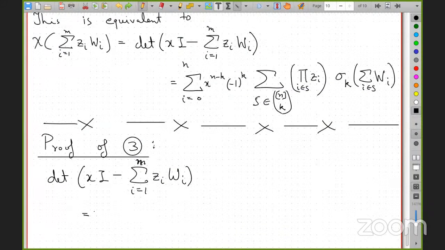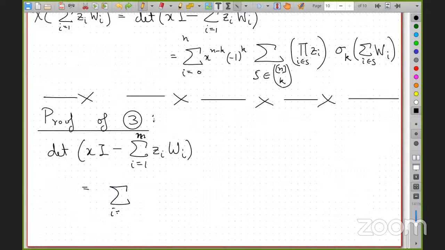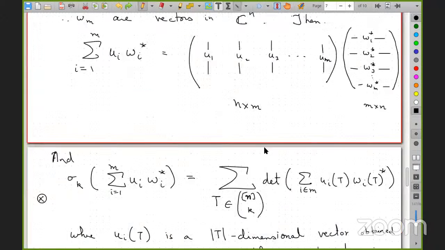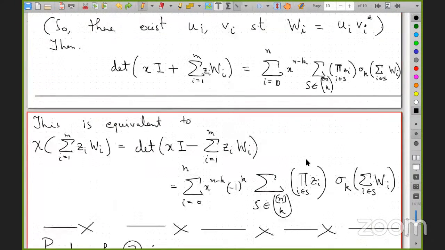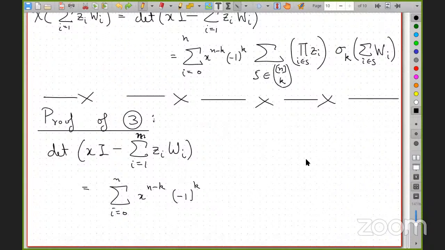So then this is equal to the sum over k from 0 to n of x to the n minus k times minus 1 to the power k, and then sigma k of the matrix.